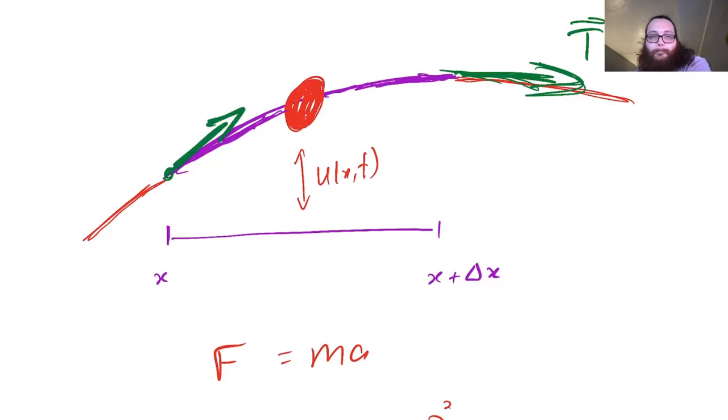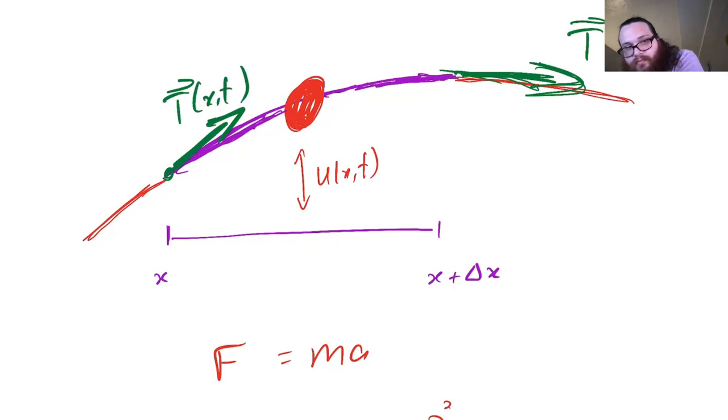Just to keep the same convention going left to right, we're working with these tangent arrows, so it's tangent to the curve. So this is going to be the arrow T of x comma t. That's the tangent vector at that point of the string.